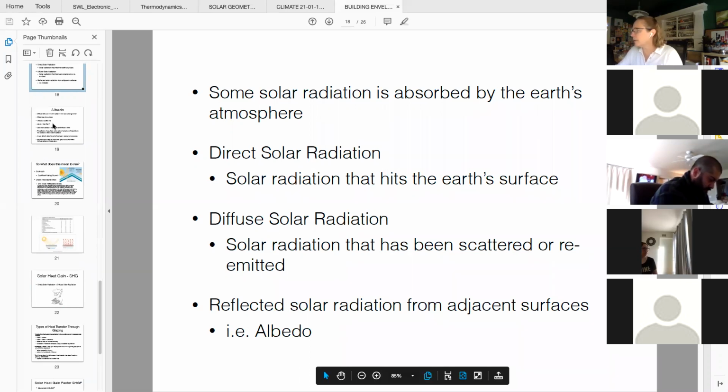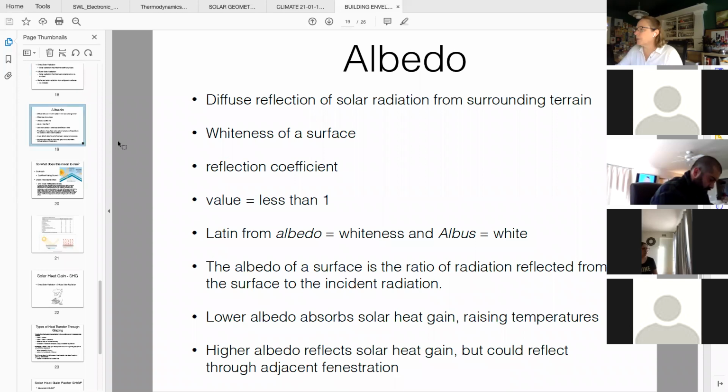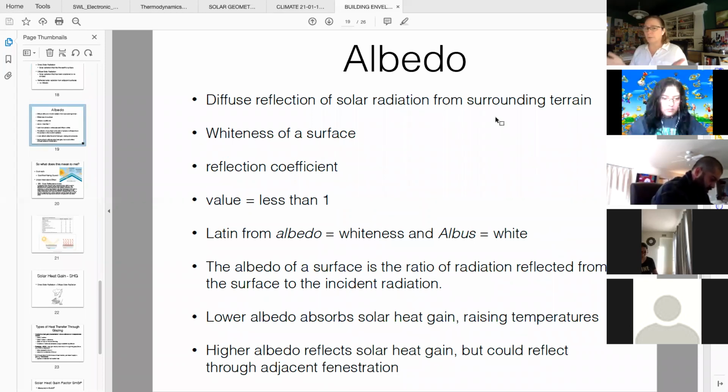Okay, so let's look at those. We have our albedo. That is the diffuse reflection of solar radiation from the surrounding terrain. Where the solar radiation is hitting our Earth's surface, be it concrete, dirt, water, or building, there's going to be diffuse reflection from that, and that is what the albedo is.